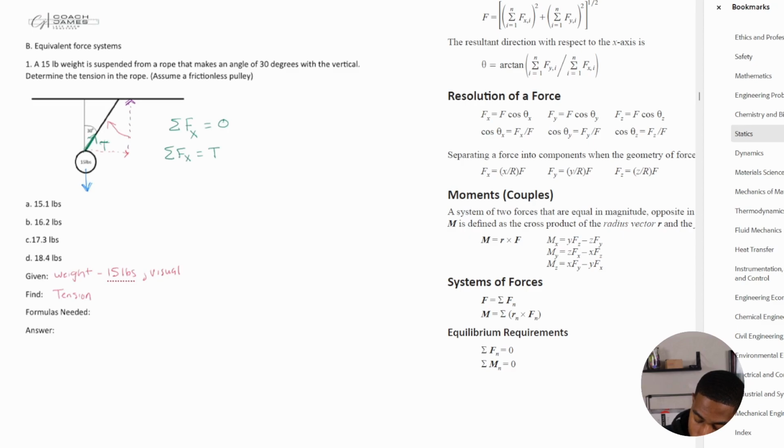So the sum of the forces in the x would be a positive T, and then how could I do trig to get the angle? It's not just going to be T, it has to be T times cosine of 60 degrees.